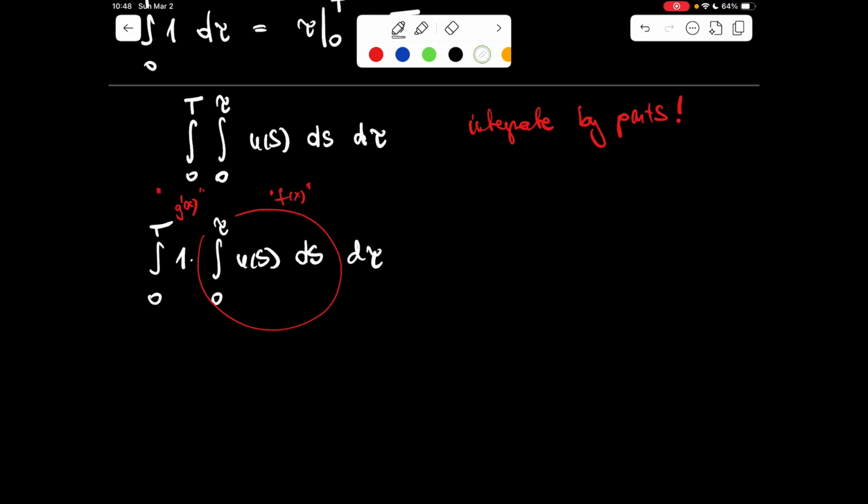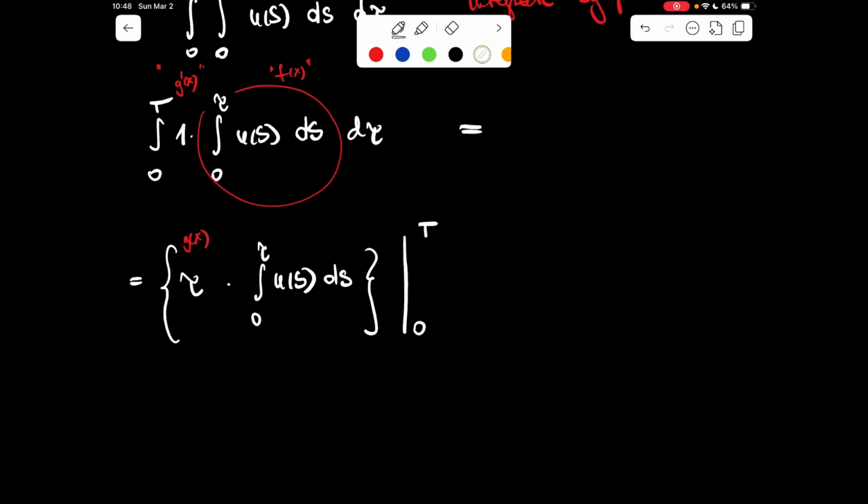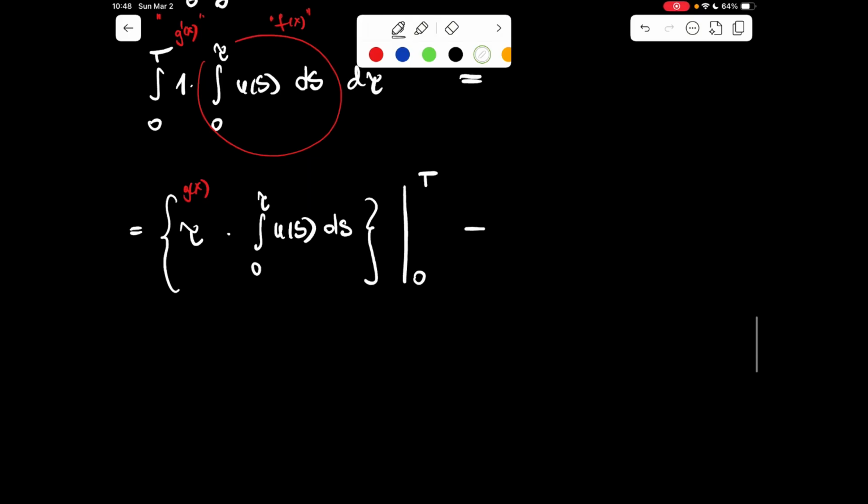So, to expand this integral, this is the function, the differential of which with respect to tau is 1, so this is tau, times the other function, and we take it between 0 and T, sorry, minus, and all this comes from the rules of the integration by parts.